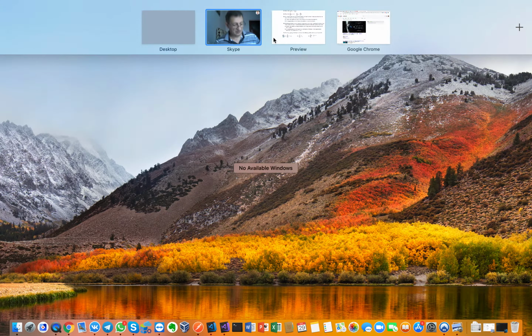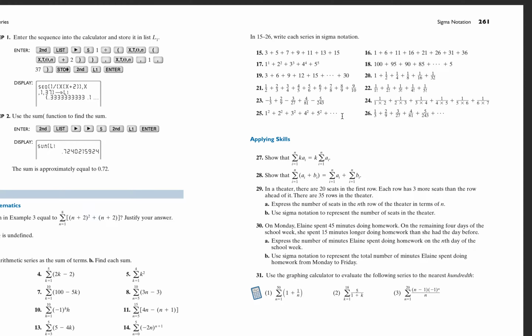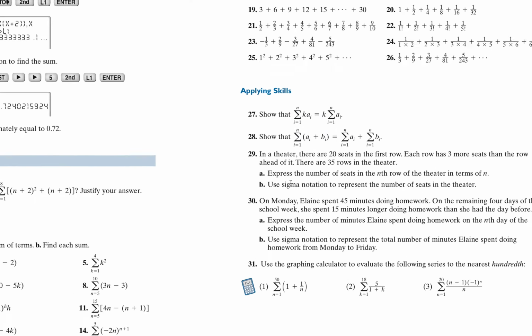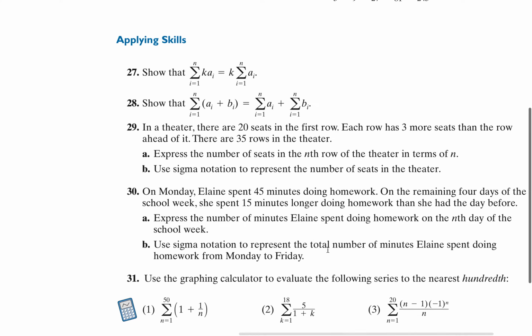Okay, let's take number 30, which is very similar to number 29. On Monday, Elena spent 35 minutes doing homework.